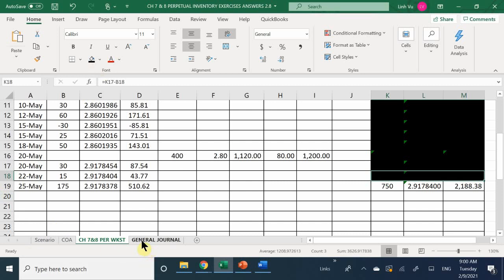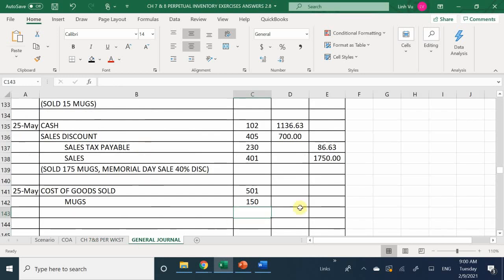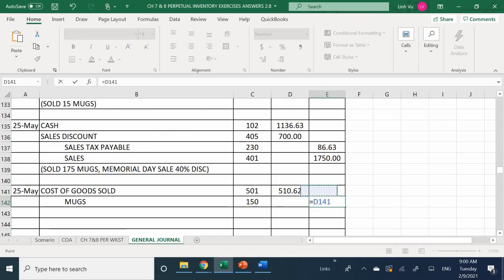So now that we have our cost of goods sold for 510.62, let's go ahead and plug it in. 510.62. Okay.